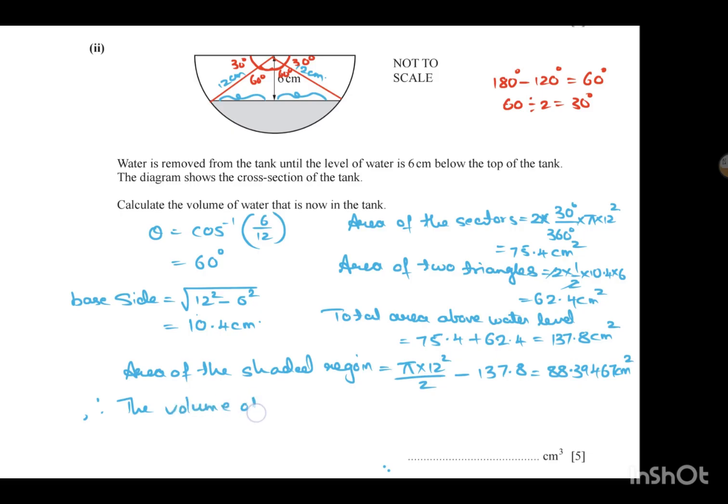Therefore, the volume of water is equal to area multiplied by the height, which is 100 centimeters.